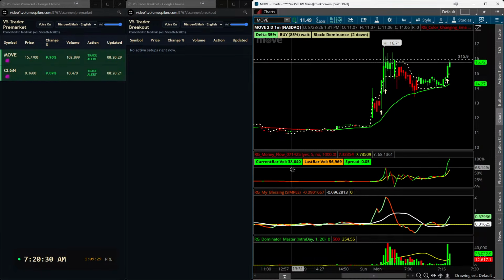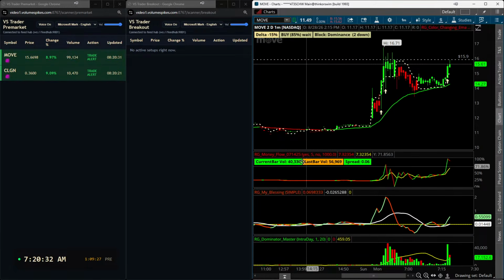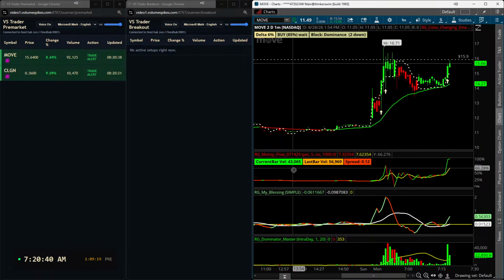Not enough volume. This is not a party. This is not a battle going on. This is a few people buying and watching a stock that's turning green. No great push here. No determination to really blast this one off. Kind of just bouncing around.